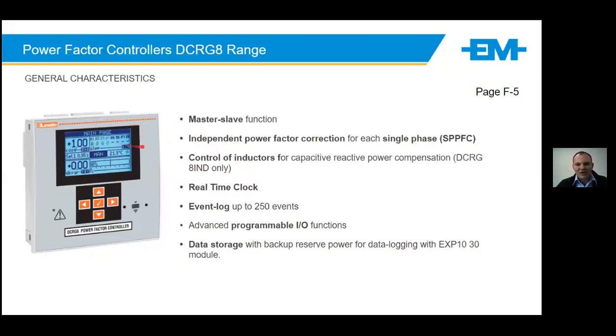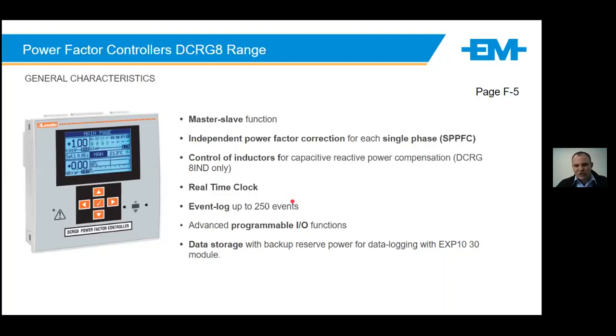Real-time clock, obviously for logging events up to 250 events, which is quite useful when you're troubleshooting these things and the customer phones you and says there's some issue. The event log is the history log. It will tell you, all right, this occurred during this stage.